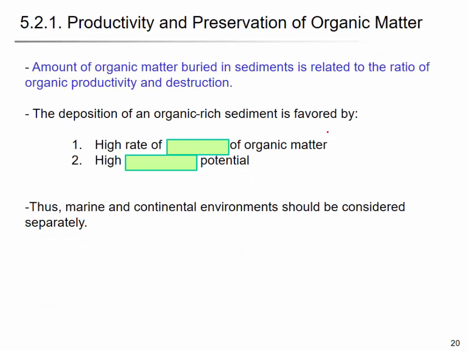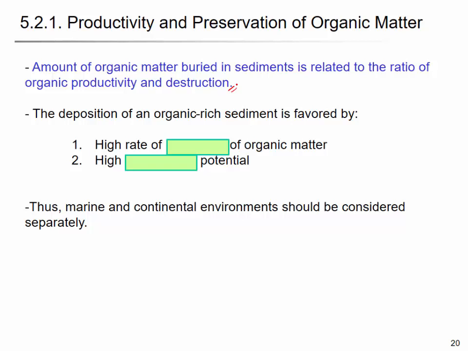Good. So then, see, the amount of the organic matter buried in sediment is related to the ratio of the organic productivity and destruction. So if you think about the marine environment, like the coral reef or the continental margin, right?